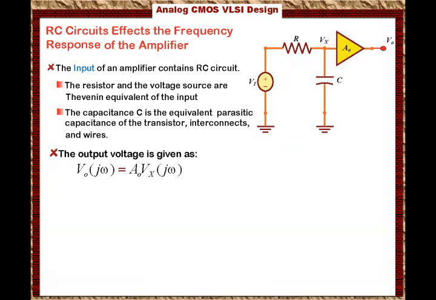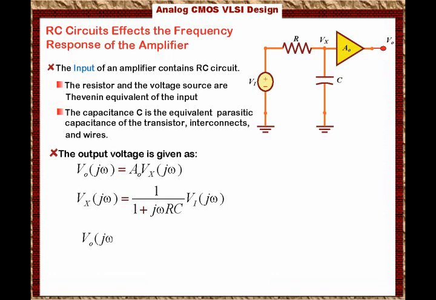So now we can assume that R and C are in series, then Vx can be evaluated using the voltage divider, right? So we can say that Vx of j omega will equal 1 over 1 plus j omega RC times Vi. Now because we solved for Vx, we can solve for Vout.